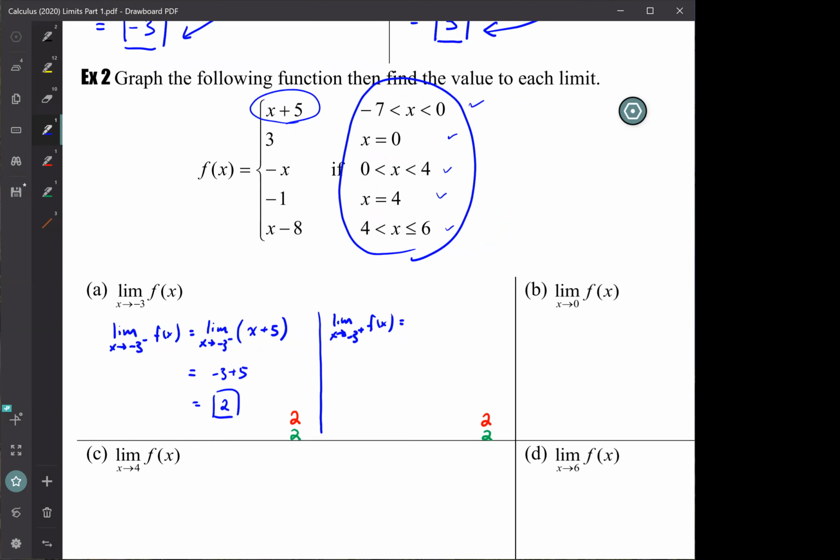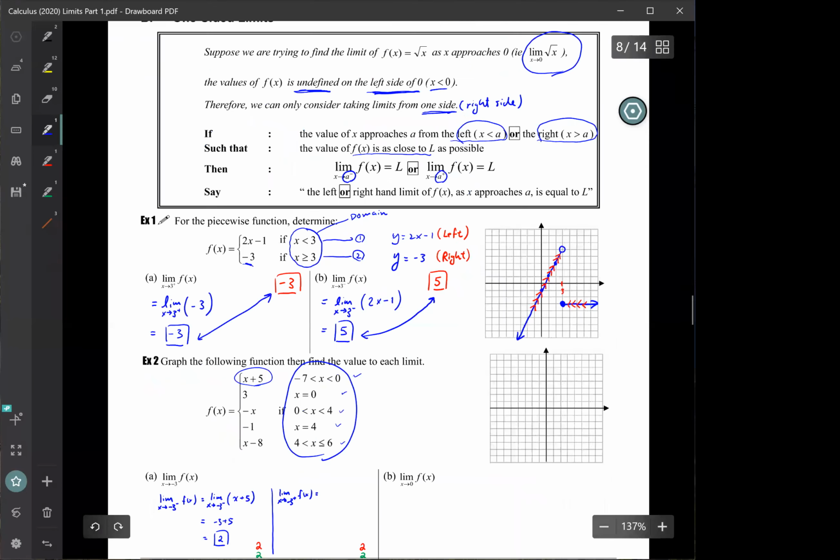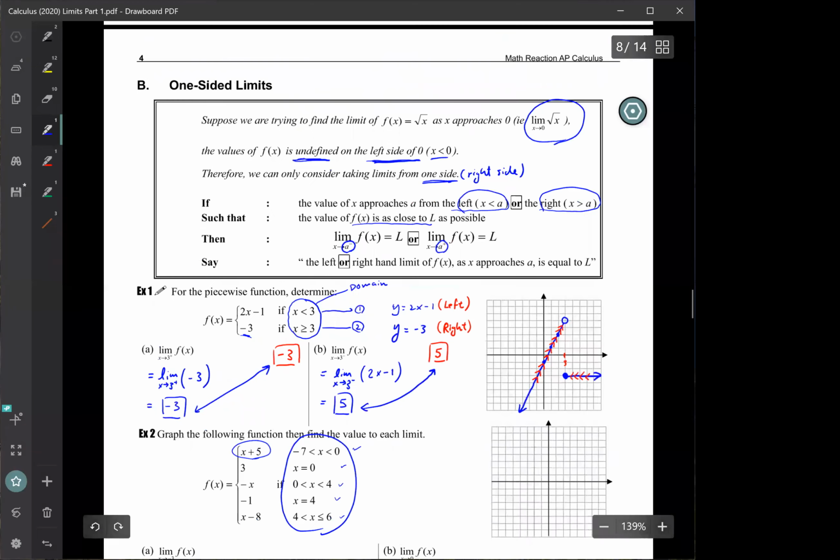So you always start by picking a number close to -3 from one side. Remember, this topic is called one-sided limit, so we're looking at one side at a time.